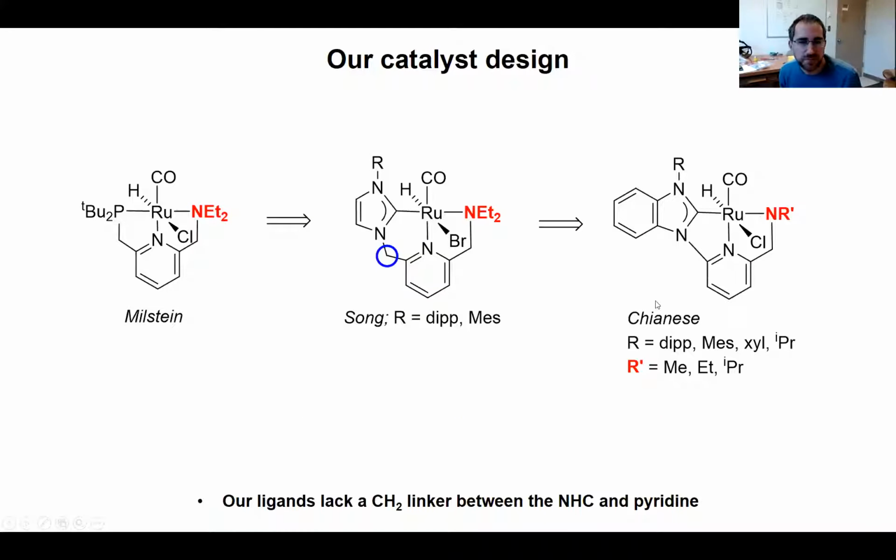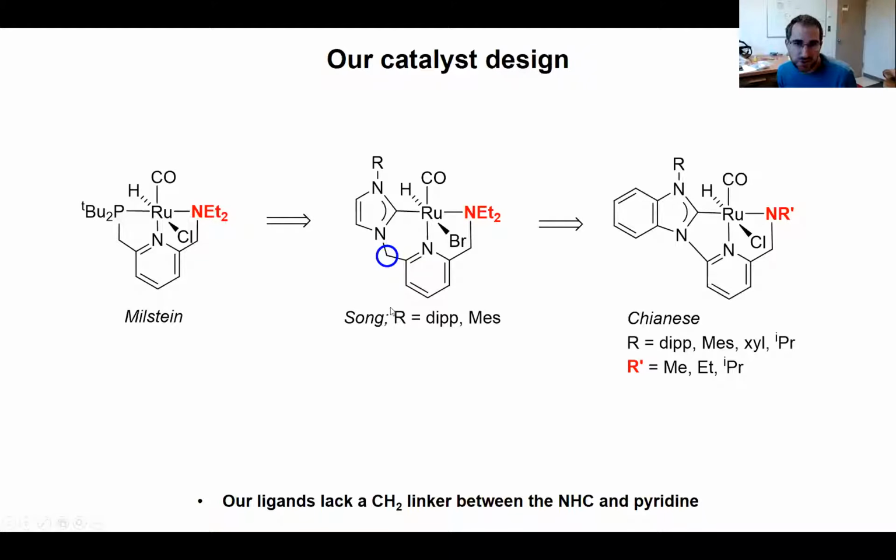So to explain how we came to design this particular form of the catalyst: the original Milstein catalyst has CH2 linkers connecting the phosphine and amine side groups to the pyridine central group in the pincer ligand. Song's ligands have a CH2 connecting the N-heterocyclic carbene ring with the pyridine ring, and this was proposed to be important in catalysis.